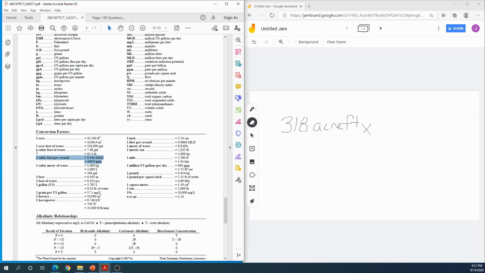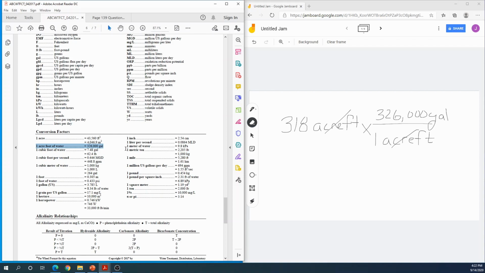Let's see if we can find a conversion here. Here we go. 1 acre foot of water is 326,000 gallons. So we want acre feet to cancel. We'll throw that on the bottom. Acre feet cancel with acre feet.